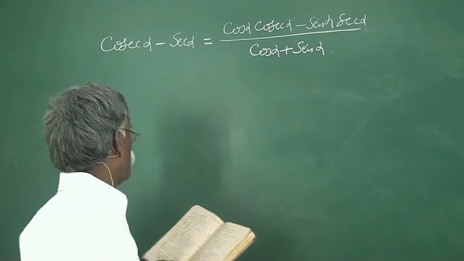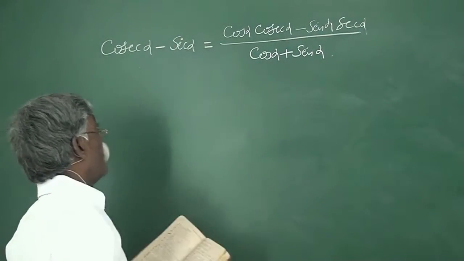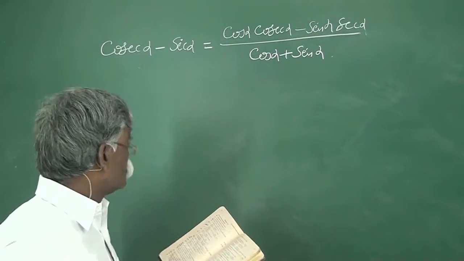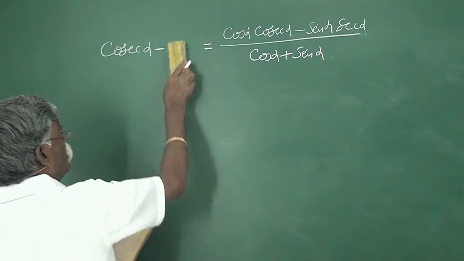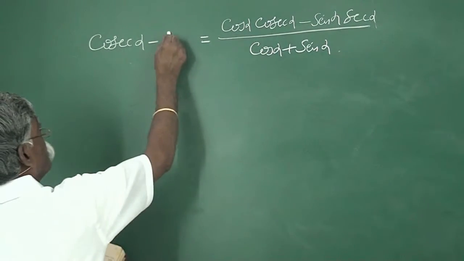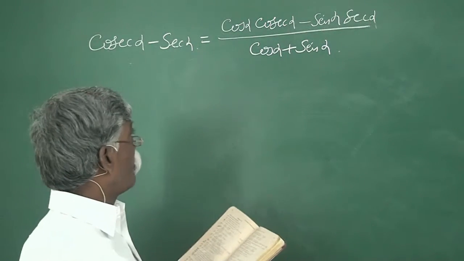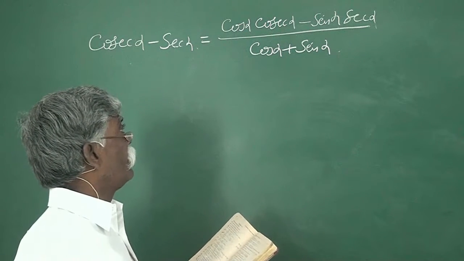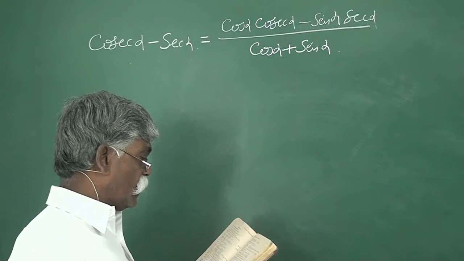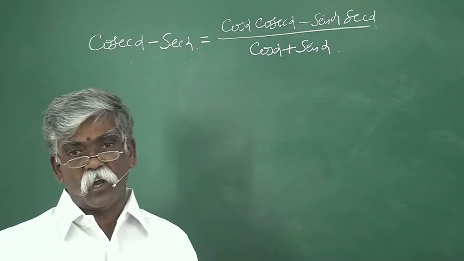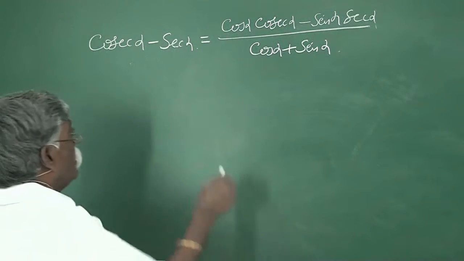So cosecant alpha minus secant alpha is equal to cos alpha into cosecant alpha minus sin alpha into secant alpha by cos alpha plus sin alpha.